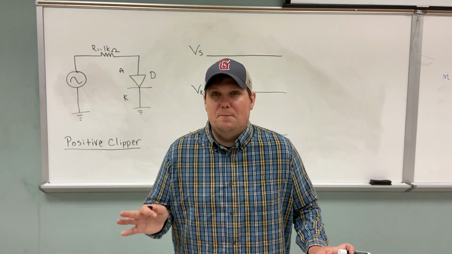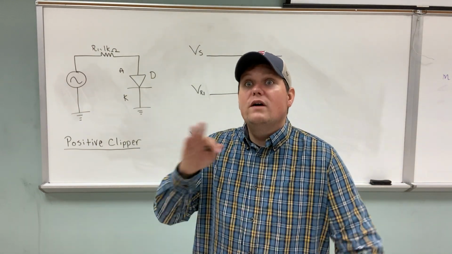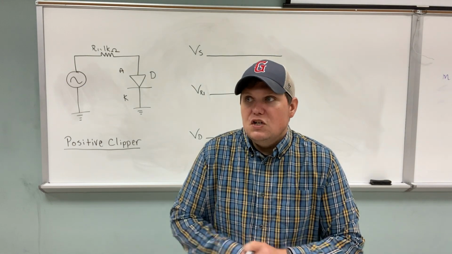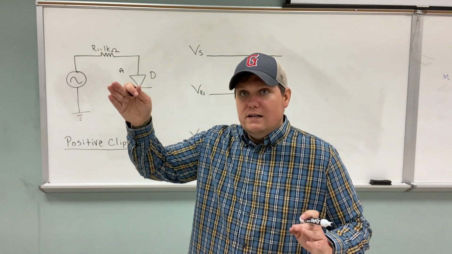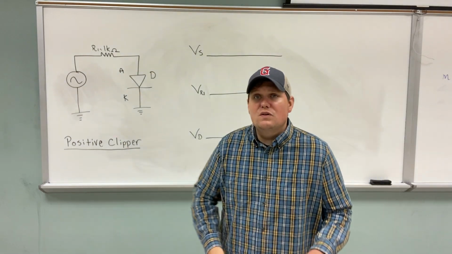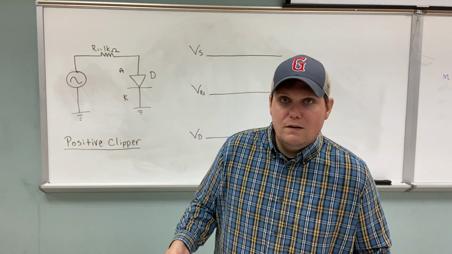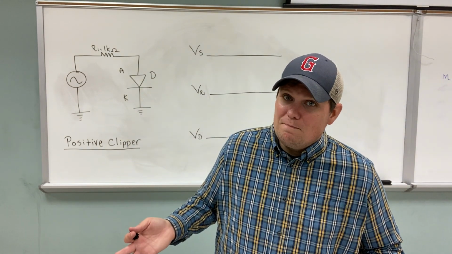And here's why. Remember, AC changes every half cycle. So on the upswing, it's going to be one type of biasing, and on the downswing, it's going to be another kind of biasing.